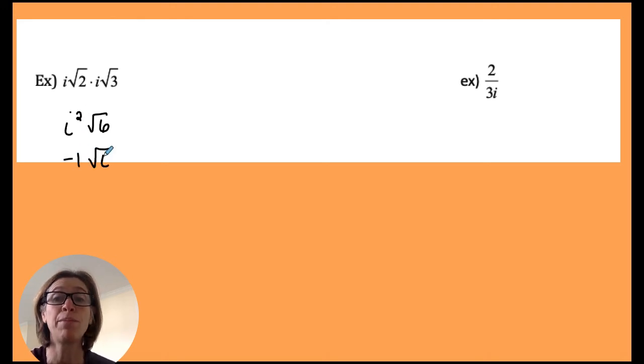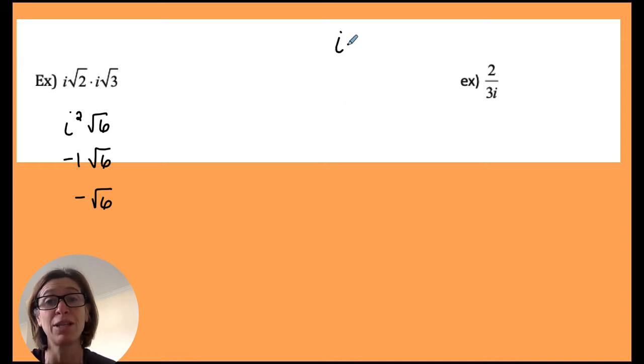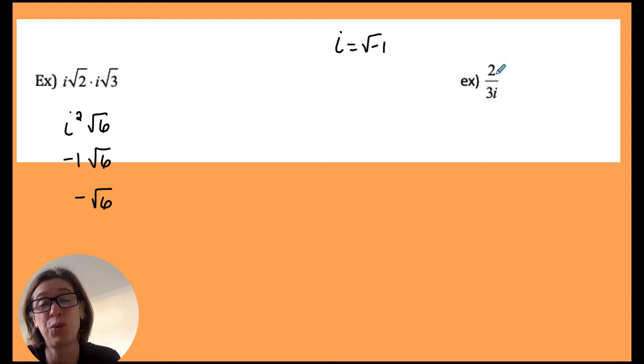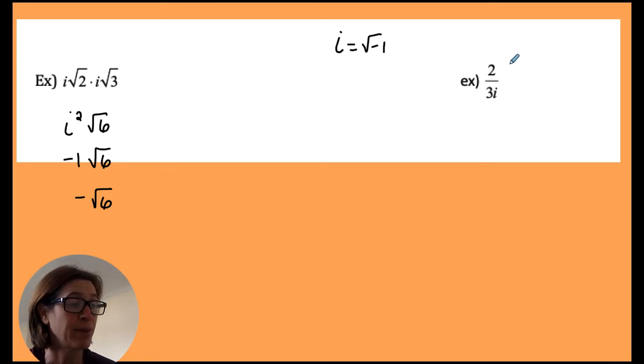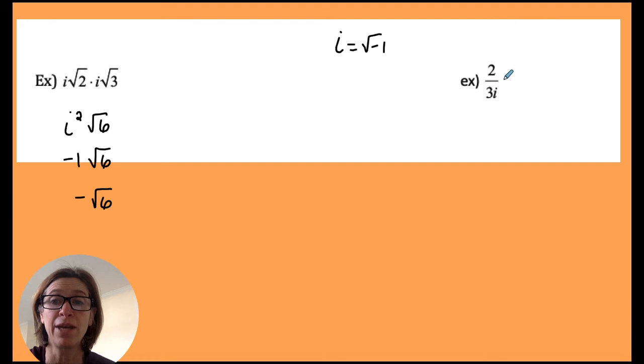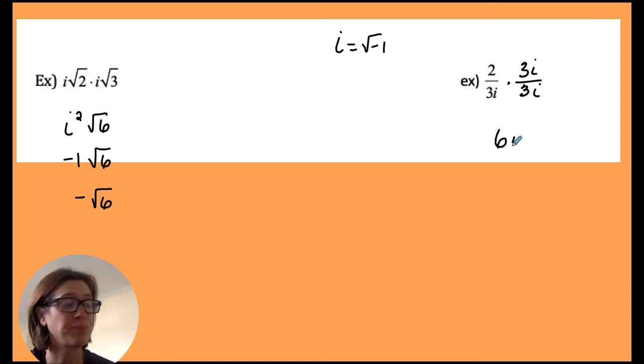Now remember that i is actually equal to the square root of -1. In previous videos we've talked about how we really don't want to leave a radical in the denominator of a fraction. So we're not going to want to leave i in the denominator of the fraction. In this case, we can multiply by 3i over 3i. That's going to give me 6i all over 9i squared.